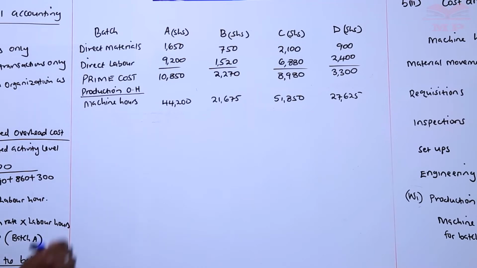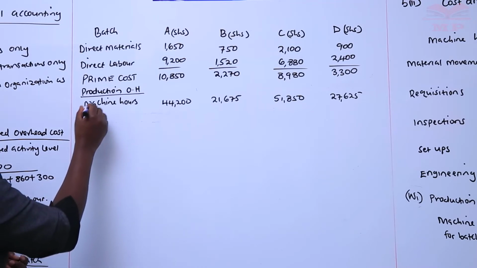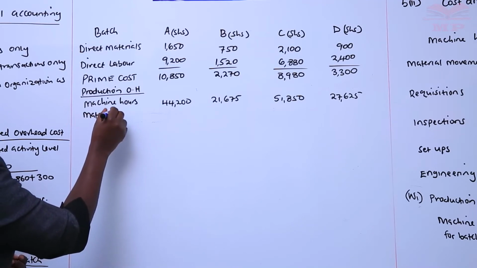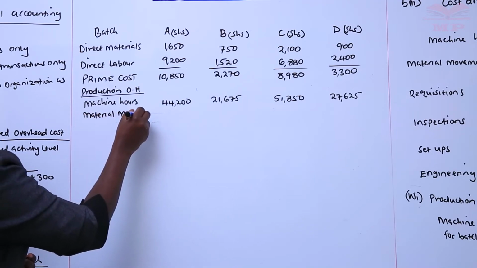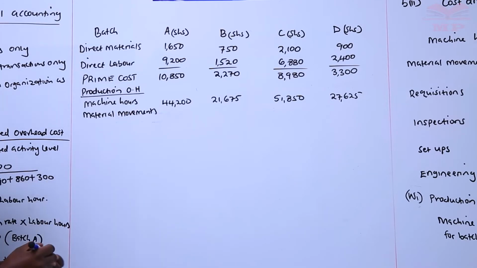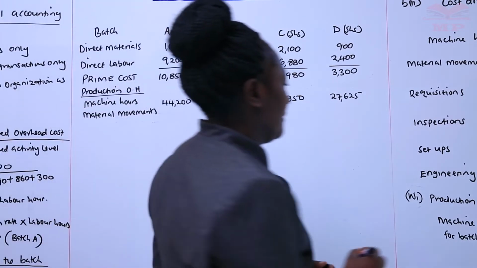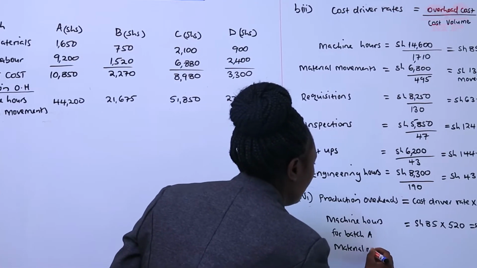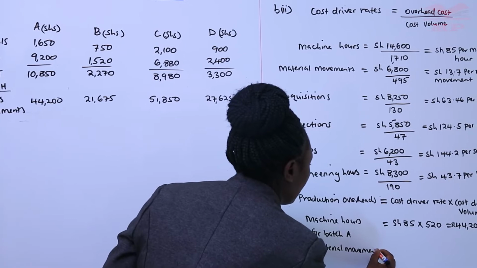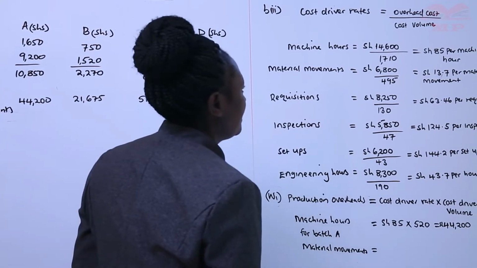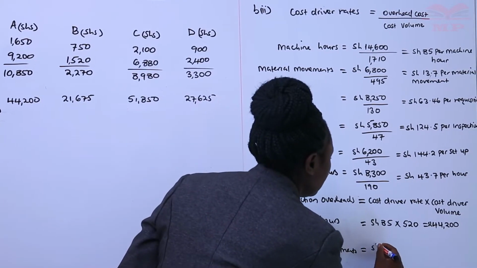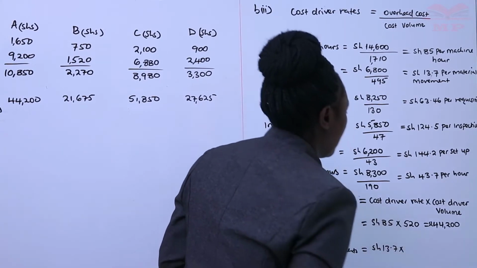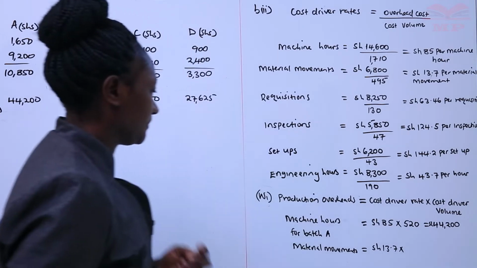And then we move on to material movements. For material movements, the cost driver rate was 13.7 shillings. We multiply.